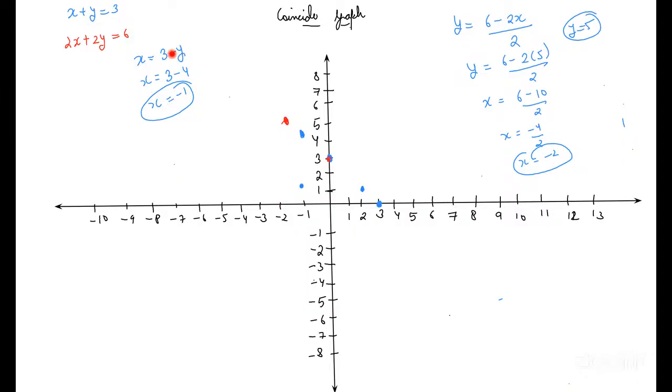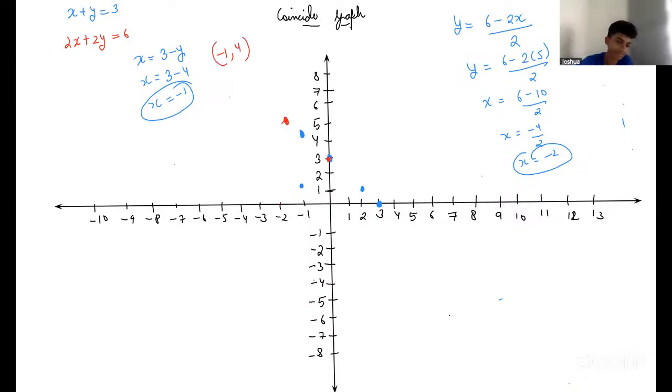When you put the y value as 4, then you get x is equal to minus 1. So it means that the coordinates will be minus 1 comma 4. Understood? So where is minus 1 on the x-axis? This is minus 1 on the x-axis. And where is the 4 on the y-axis? There is a 4. Wherever they are meeting, there will be the point. This is the point.